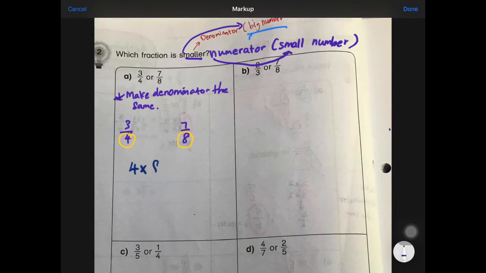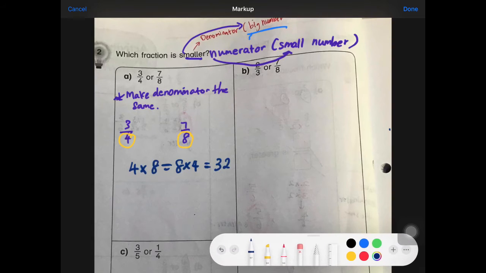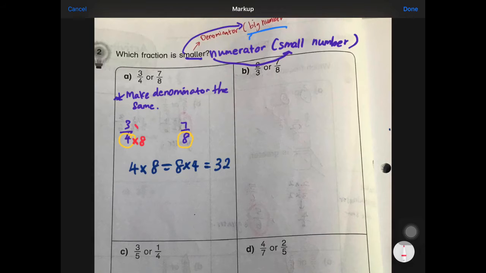Because 4 times 8 is equal to 8 times 4, which equals 32. Okay, so you take the denominators, 4 times 8 and 8 times 4. So this one will be times 8 over 8. This one will be times 4 over 4.